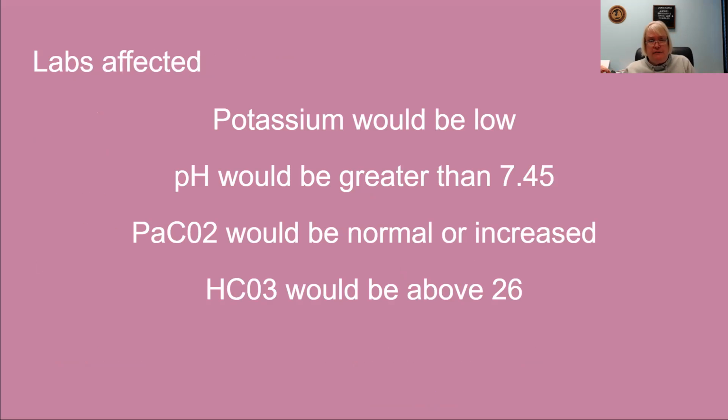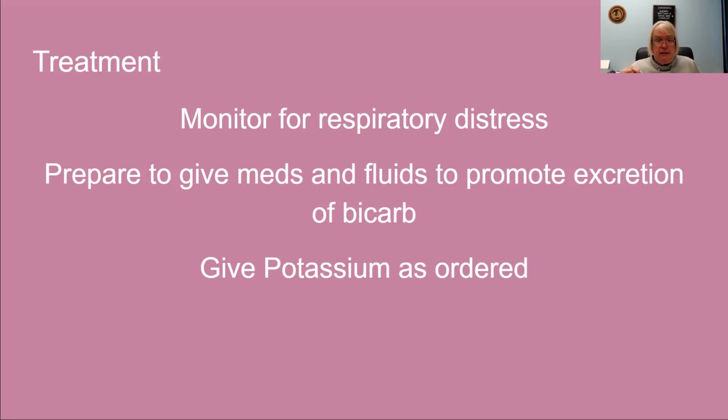So the labs that are affected: the potassium would be low, the pH would be greater than 7.45, the PaCO2 would be normal or increased, and the bicarb would be above 26. Treatment, you would monitor for respiratory distress, you would prepare to give meds and fluids to promote excretion of the bicarb, and you would give potassium as ordered.